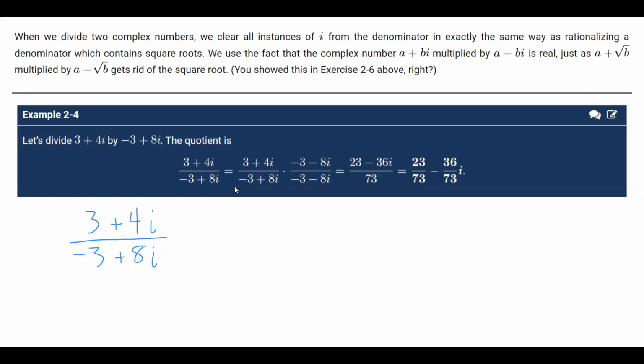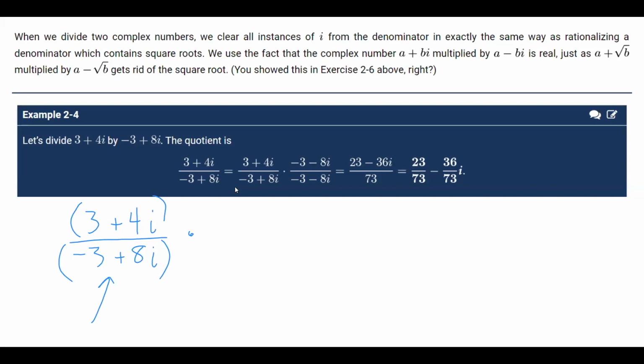What to do here is you want to multiply. You can put brackets around both the numerator and denominator for starters. Multiply the top and bottom by what's called the conjugate, just like you do when you're trying to get rid of radical signs. So see how in the denominator we have negative 3 plus 8i?